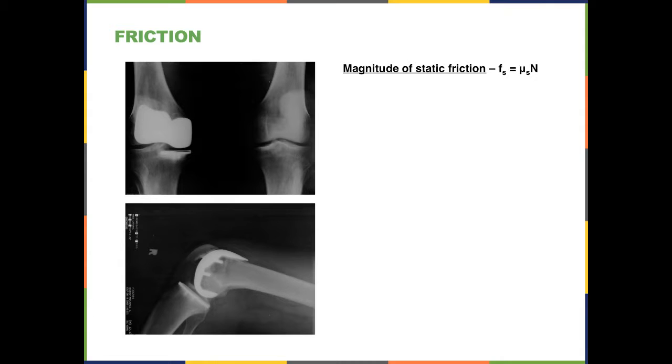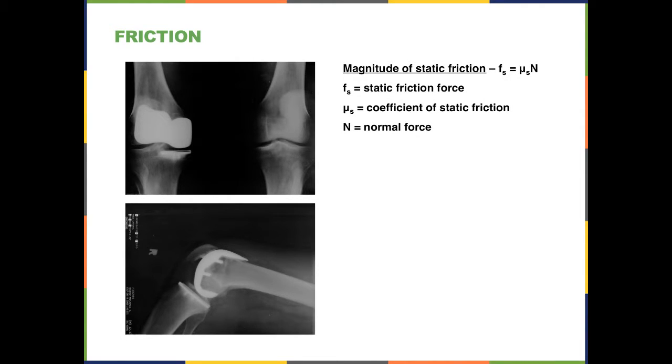Now, the magnitude of static friction, or F sub s, is equal to a factor known as the coefficient of static friction times what's known as the normal. I've spoken about the normal before. The normal is the force that is generated perpendicular to the surface of the object.